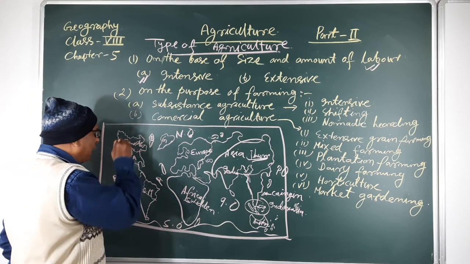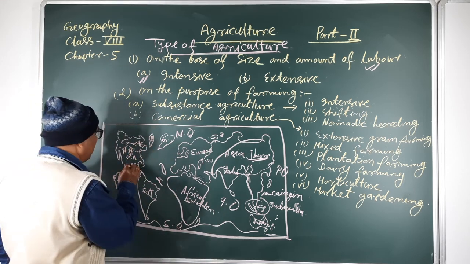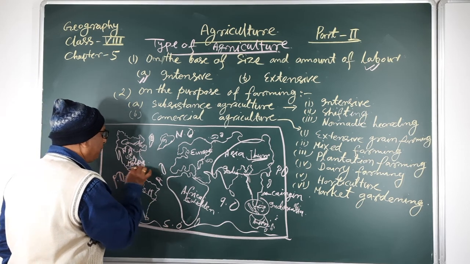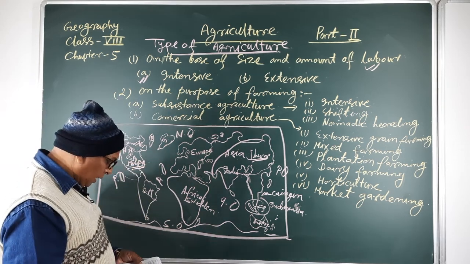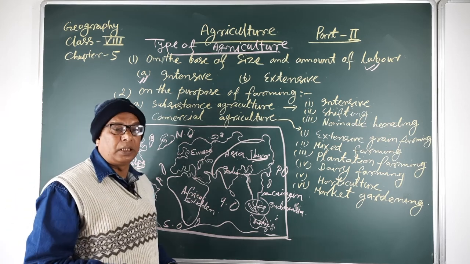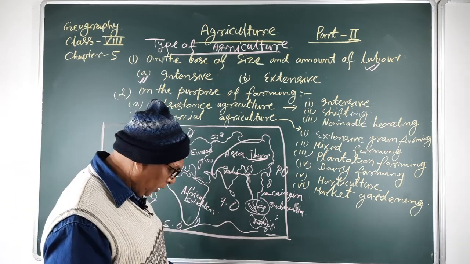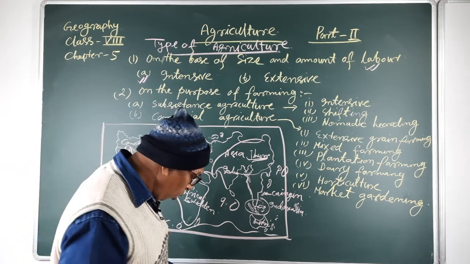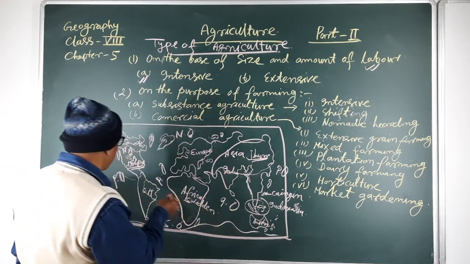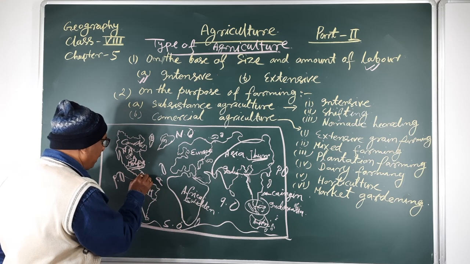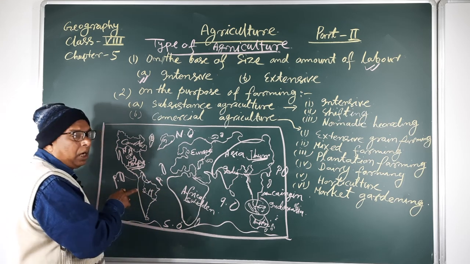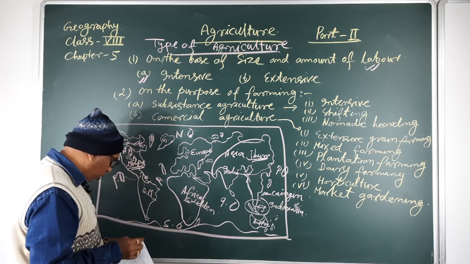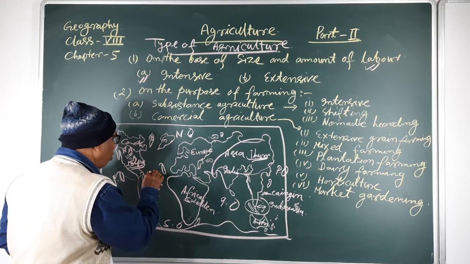In this area, it is known as Milpa, M-I-L-P-A. And slash and burn agricultural farming is known as Conuco in Venezuela. Venezuela is located in South America, but here it is known as Conuco.